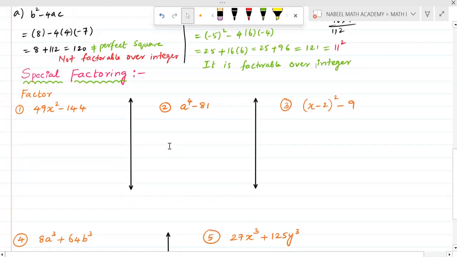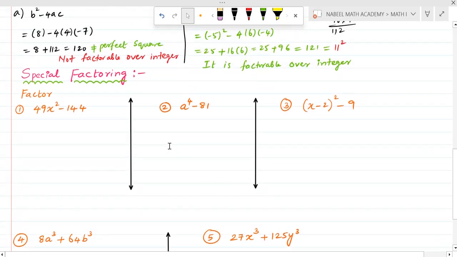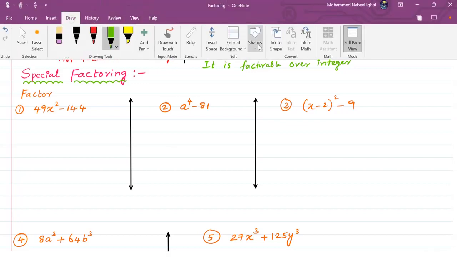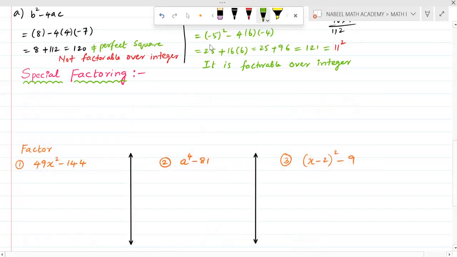Now the next one, the last topic of this video, which is special factoring. So before going to special factoring, we have to know some of the formulas. We have to know the special formulas. So what are the formulas we are using in special factoring? The first one, as we studied in the previous topics, is a plus b whole square.